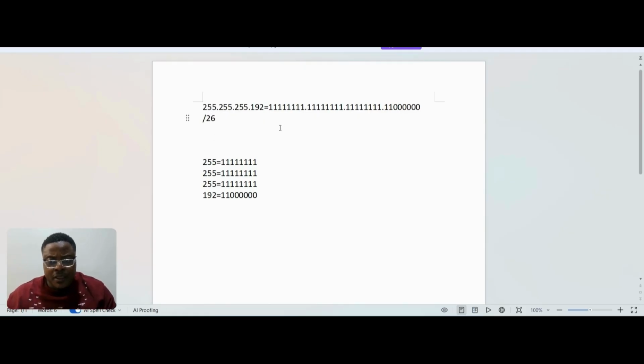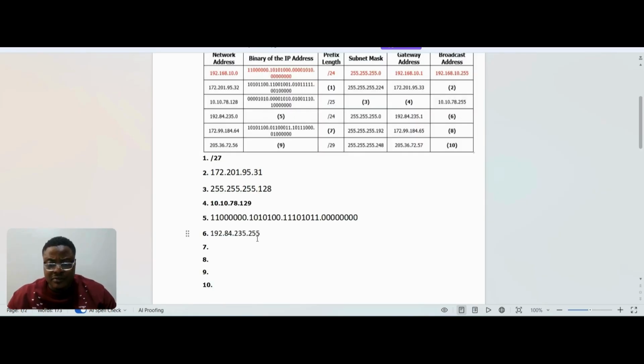This means that we have 26 ones before the zeros: 8 plus 8 plus 8 plus 2, which is 26. So that's the answer to number 7.